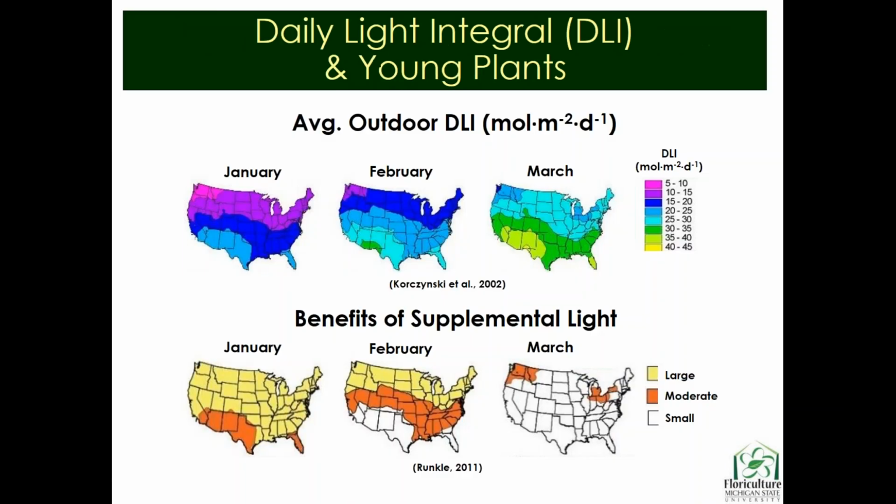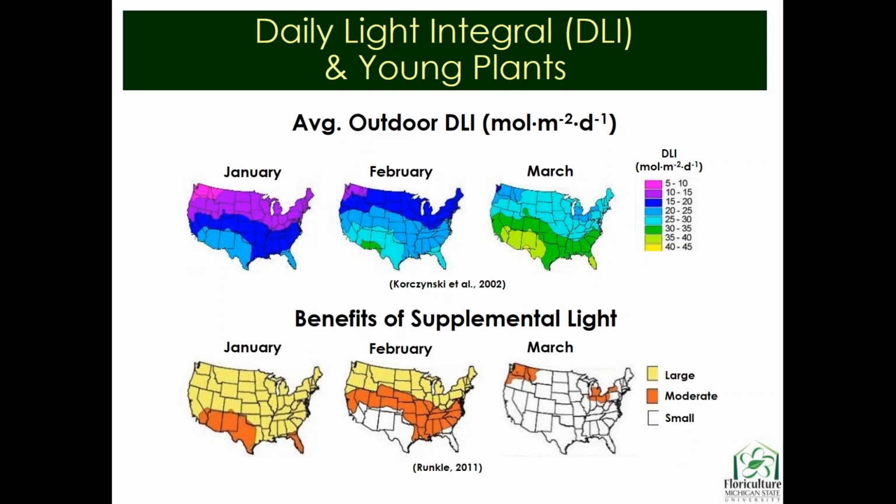When we think about young plant production, we have two sets of graphs. The graphs on the top are showing us our outdoor daily light integrals during peak young plant production time. If we look at the Northeast in January, our daily light integrals outdoors range anywhere from 10 to 15, and by March, we're up in the range of 25 to 30 moles.